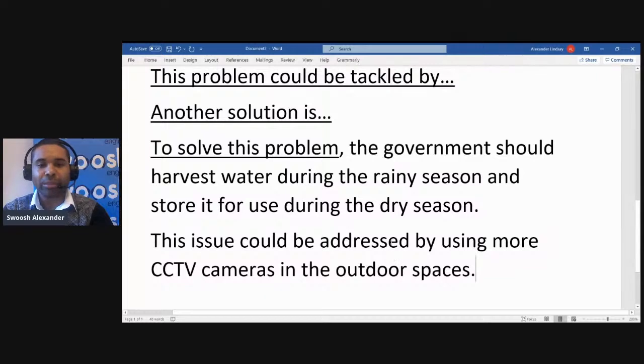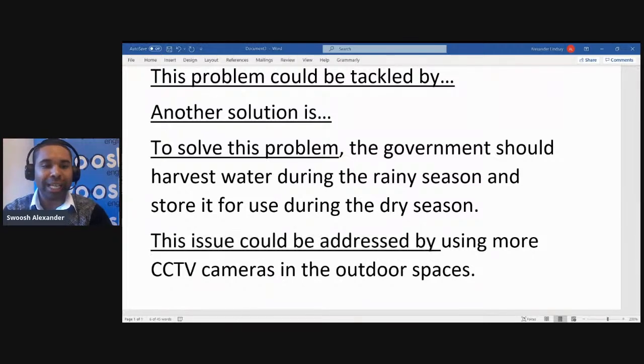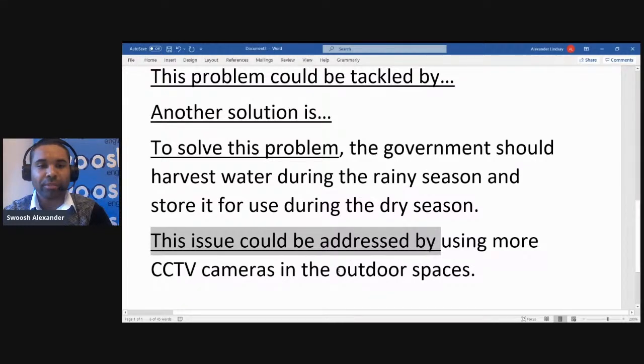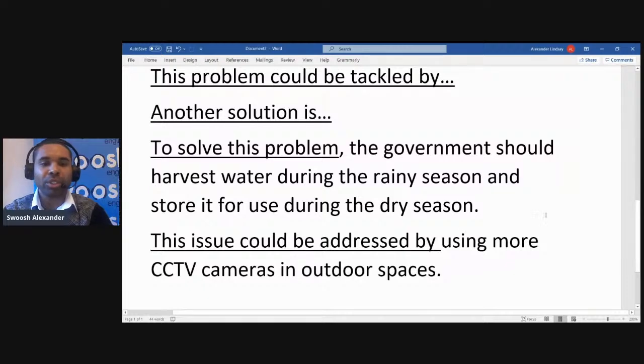So CCTV cameras just refers to surveillance cameras, cameras which we can use to watch what is happening outside on the streets. So that will be another way of starting our solutions sentences.